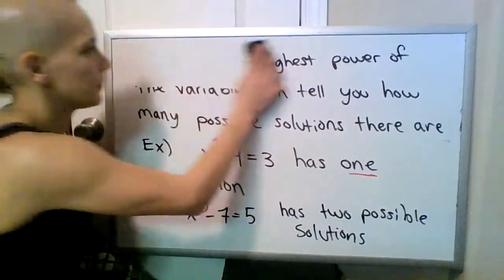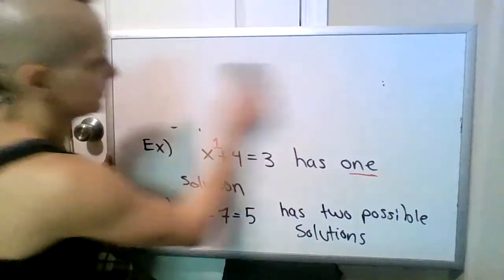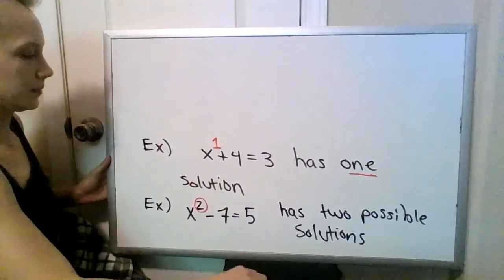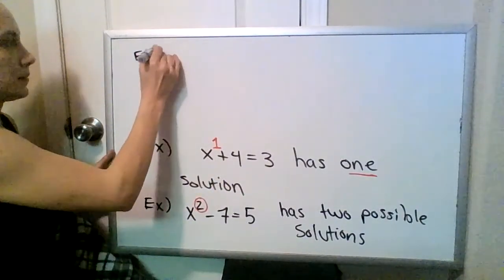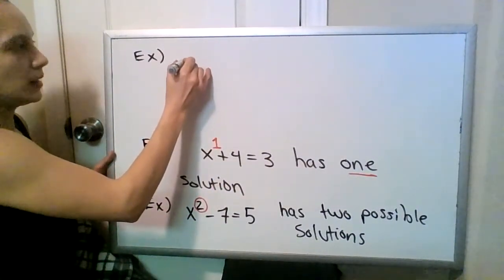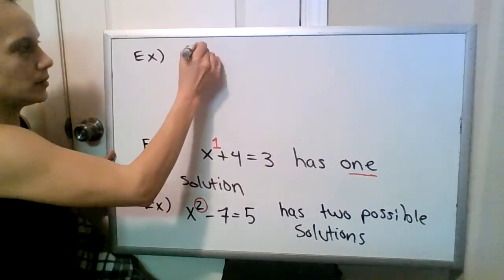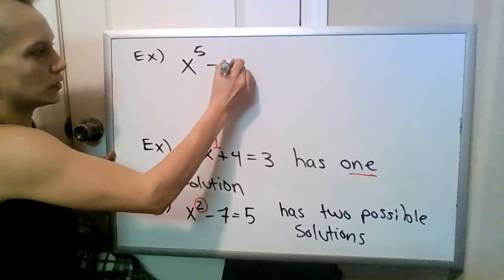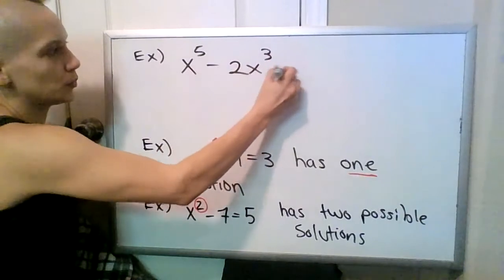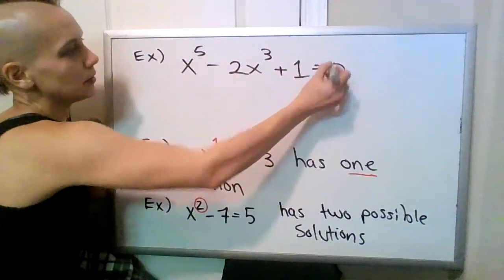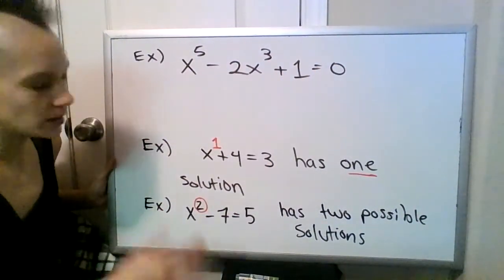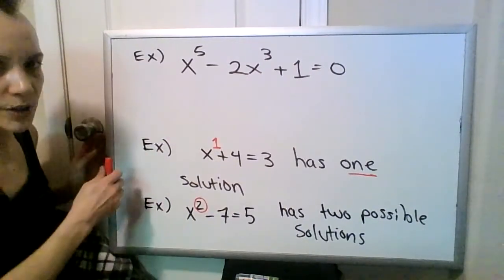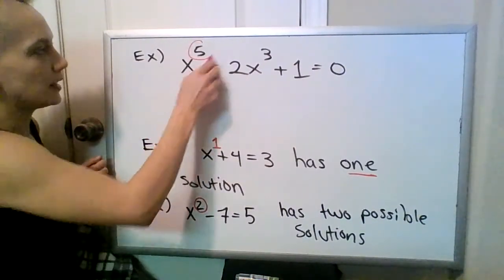So let's do a little bit more. x to the 5th minus 2x cubed plus 1 equal to 0. You look at the highest power. So the very first term has the highest power of 5.